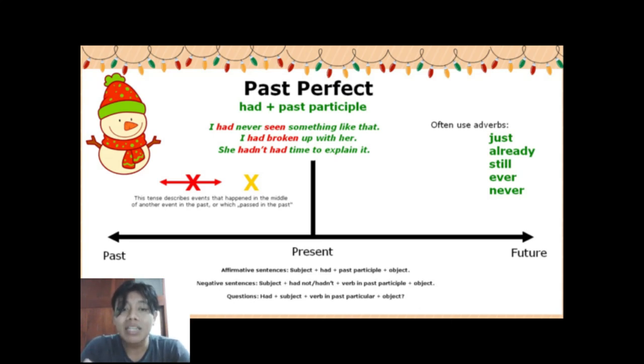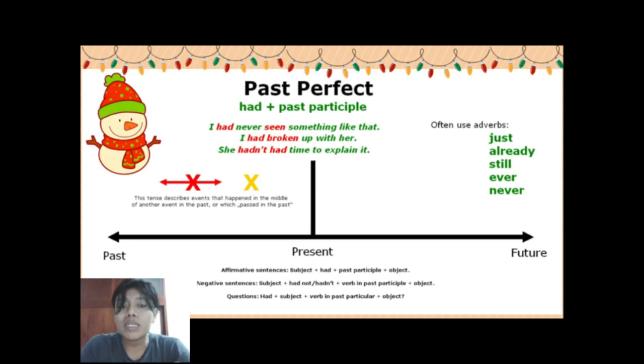We are going to use an auxiliary in this past perfect, which is the verb to have, in the past participle, which is had. We are going to use had with all the pronouns. For example, I had, you had, she had, it had, we had, they had, and then we are going to use the verb in past participle too.